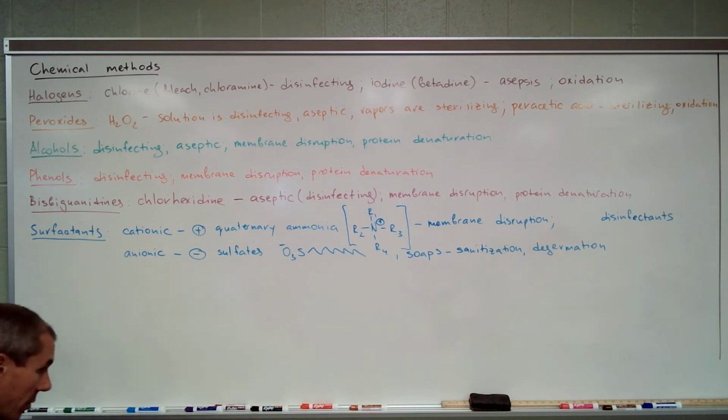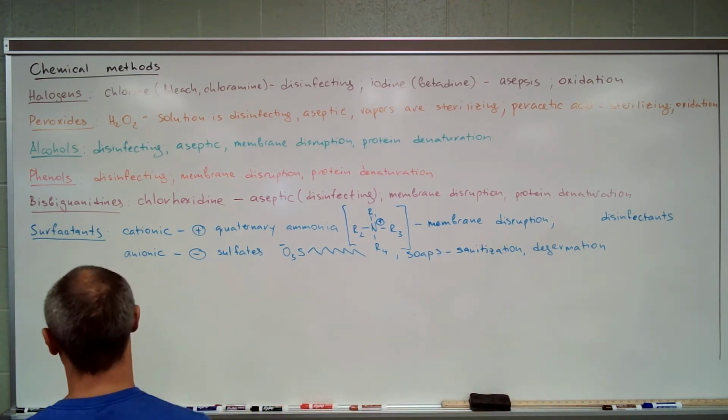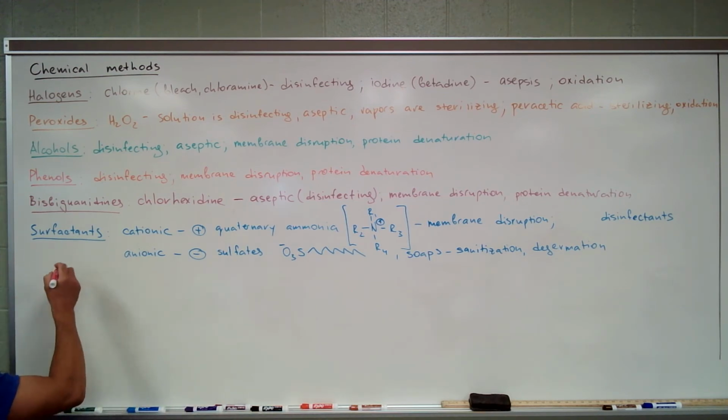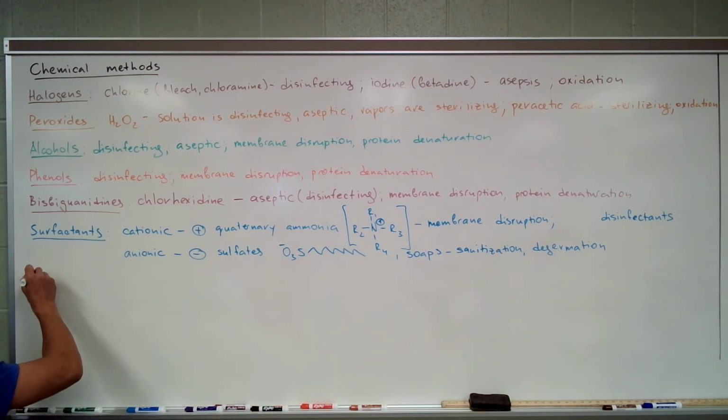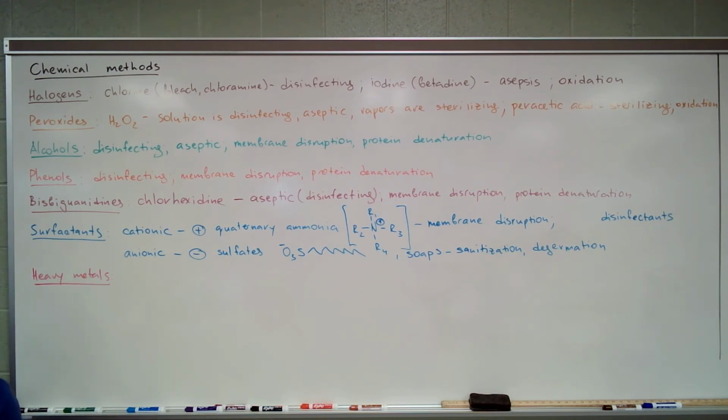So we've got heavy metals and alkylating agents. Now, heavy metals are kind of a weird bunch because look at all the previous ones. All the previous ones we could spray on the surface, right? Heavy metals, we can't really do that.